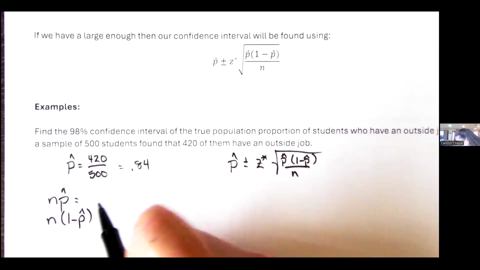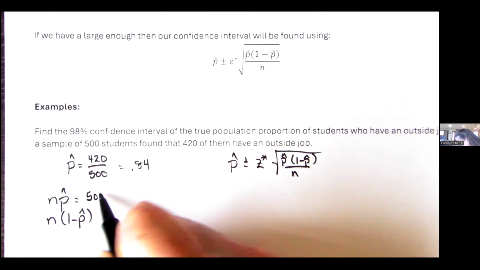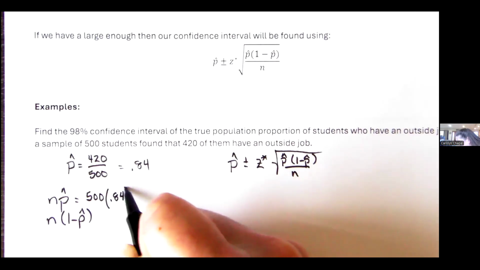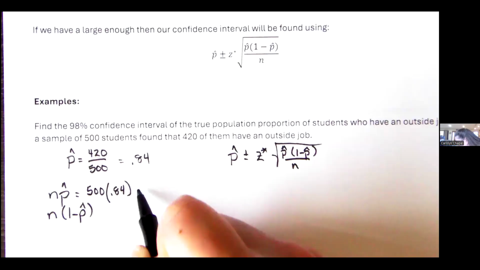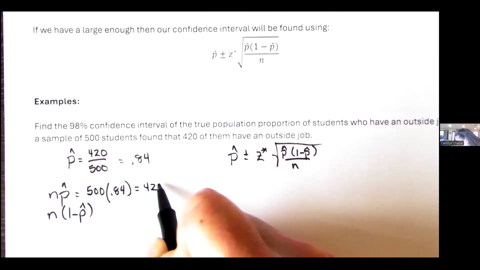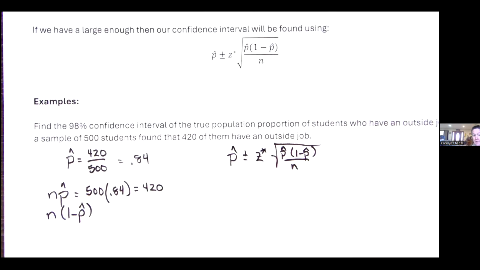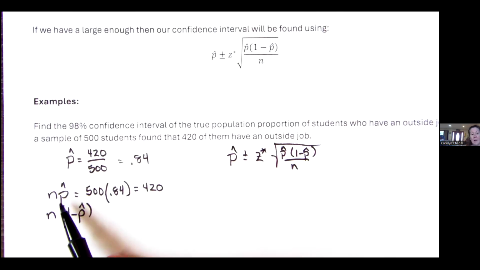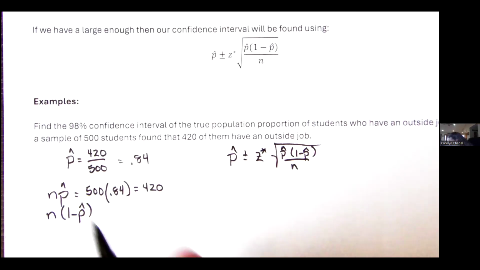My N is 500, and we found P hat to be 0.84. If I multiply those together, I get 420. That is not a surprise, because 420 is the number of successes we had, which is exactly what N times P hat will be.